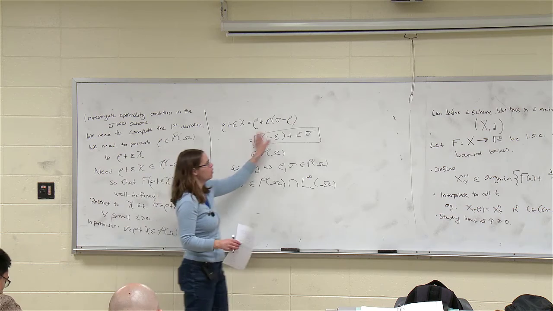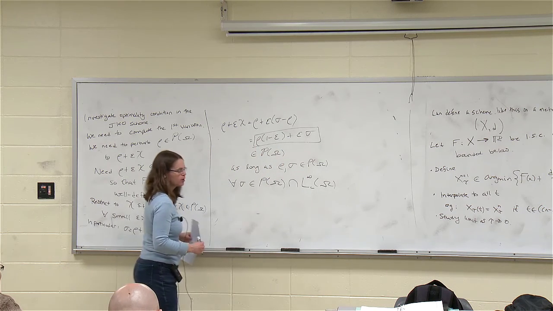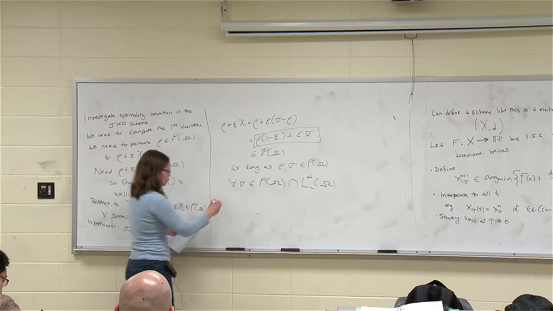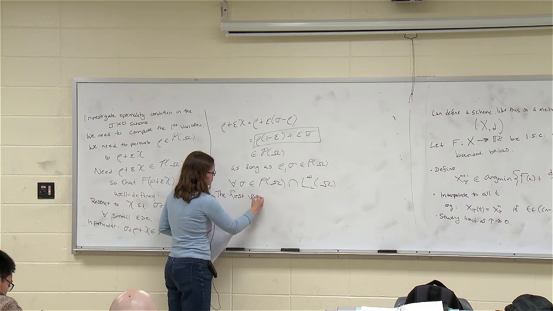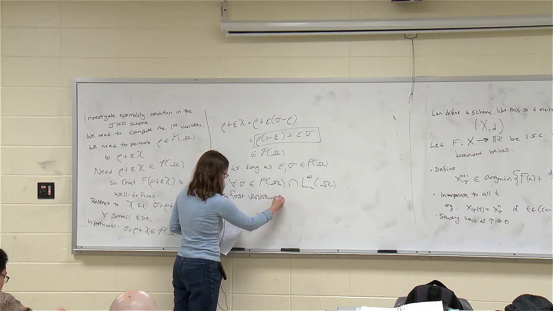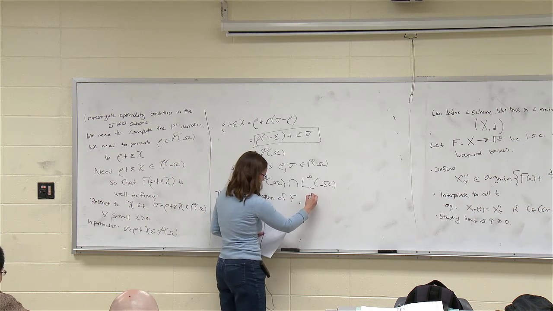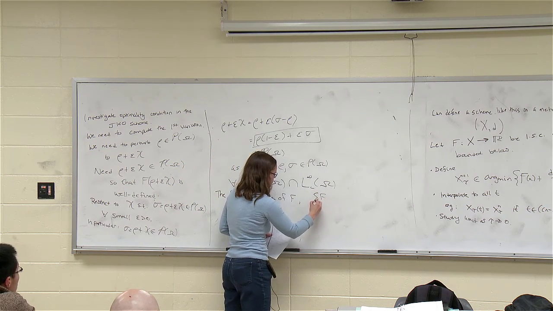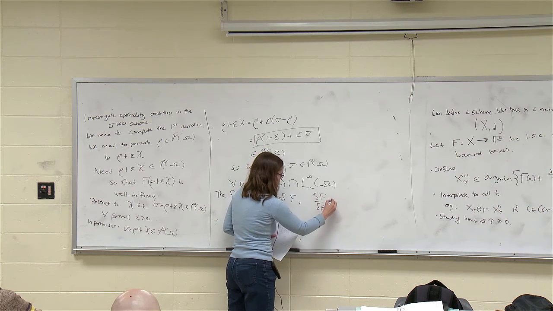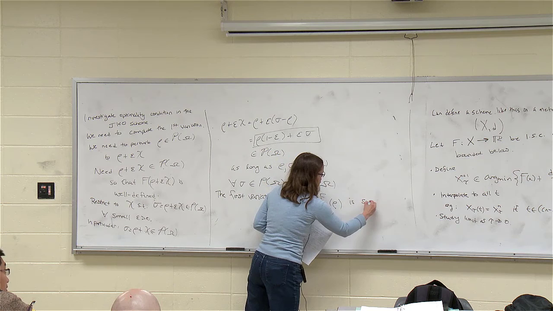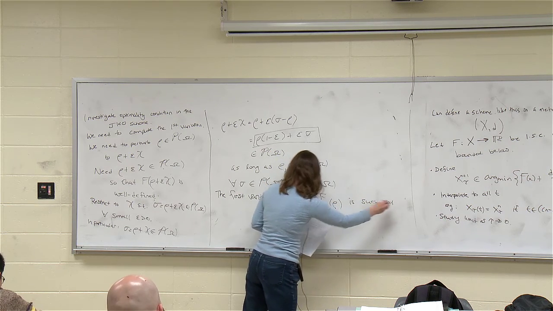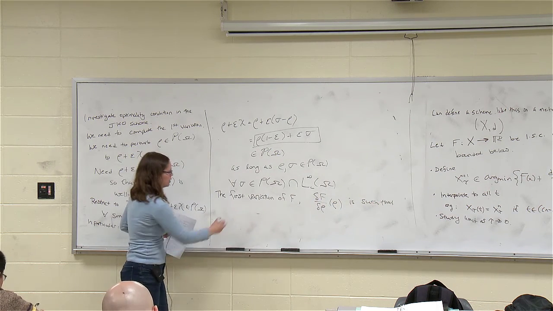So this will give us a whole space of different probabilities. And now the first variation of f is defined this way. I'm going to call this Gf at T rho, evaluated at rho, is such that, well, what do we want?